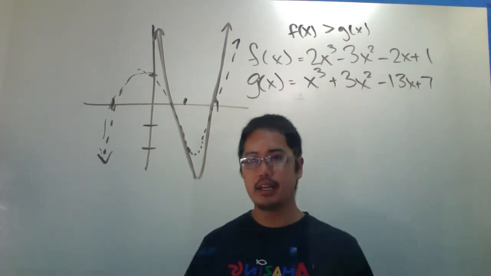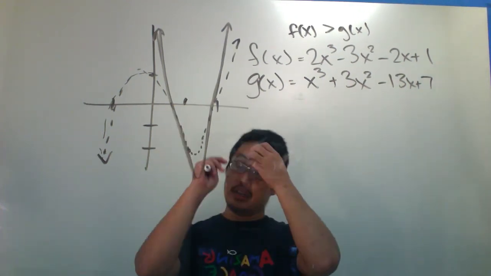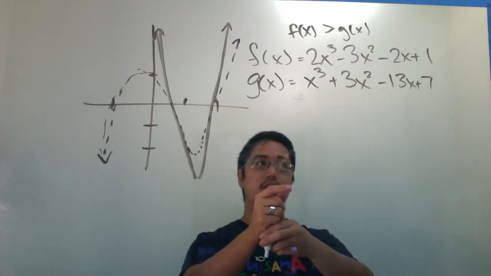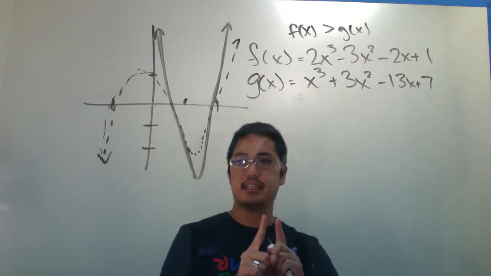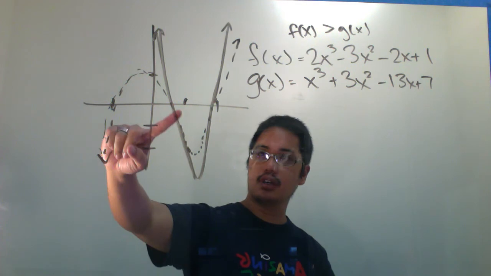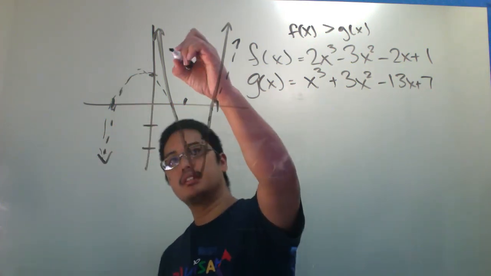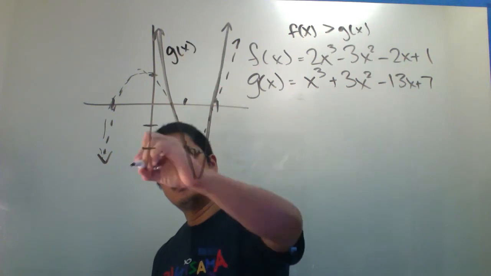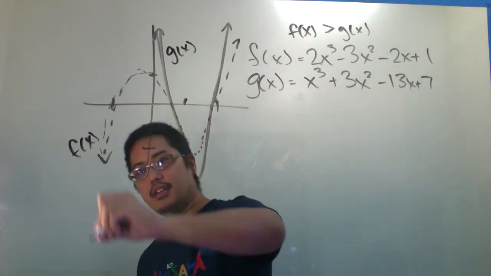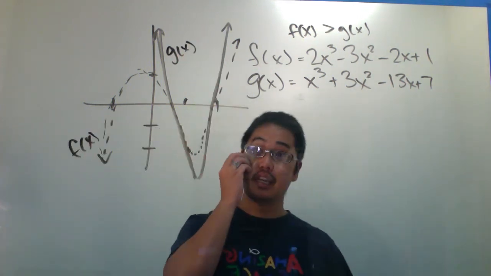Now, I got to identify which one is which. I didn't label them. I'm guessing that this dotted line one is f of x, and this solid line one is g of x. And I'll tell you my reasoning behind that.